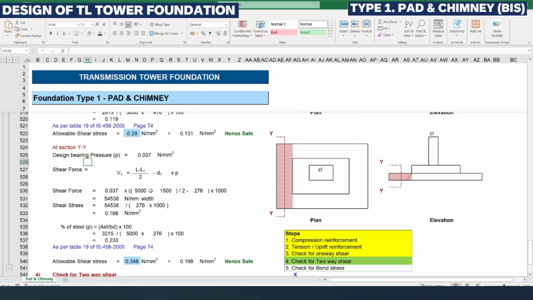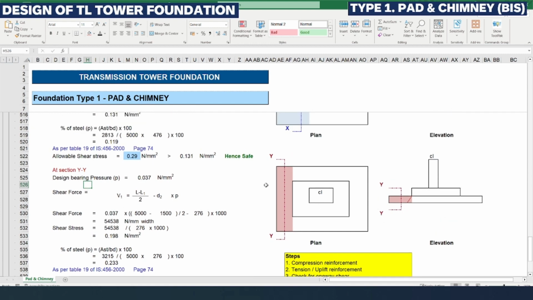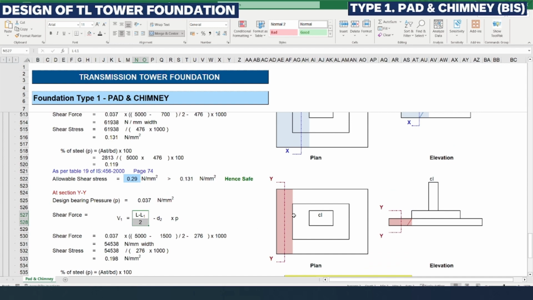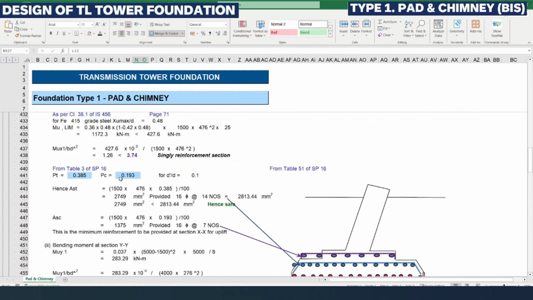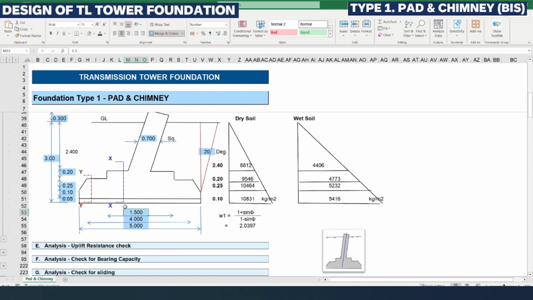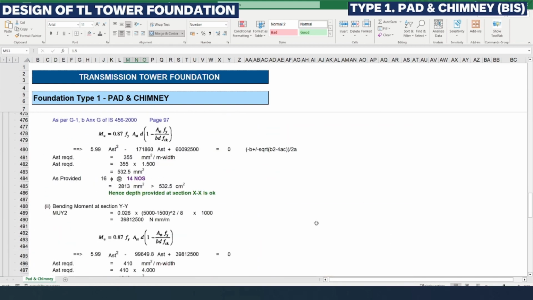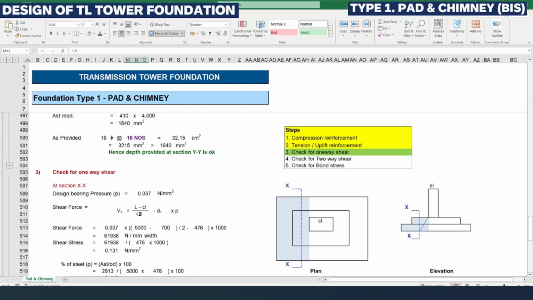Here, the only thing we need to change is the effective length. The shear force will act over L minus L1 by 2. L1 is the 1.5 meter drop width which we had considered, so the drop width is 1.5 and the L is 5000.